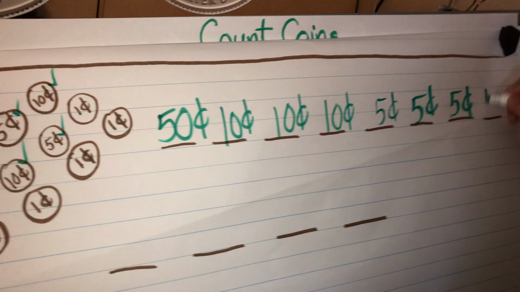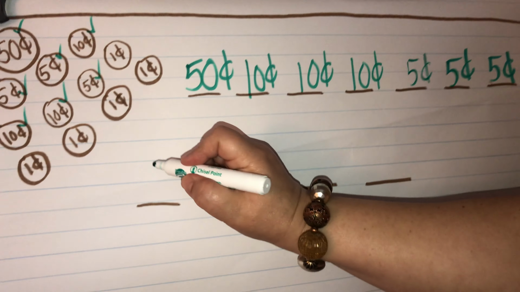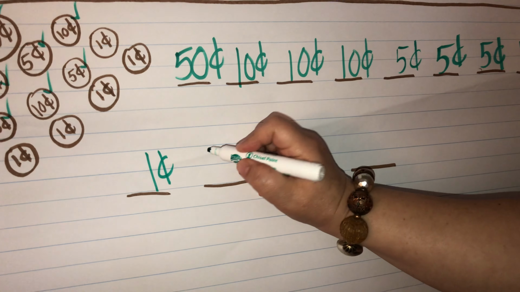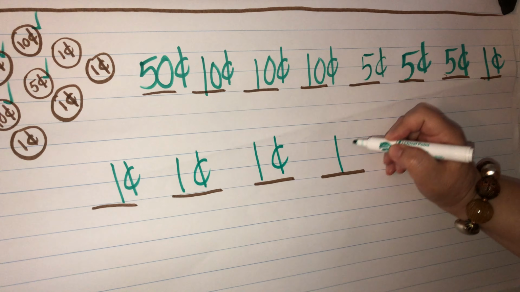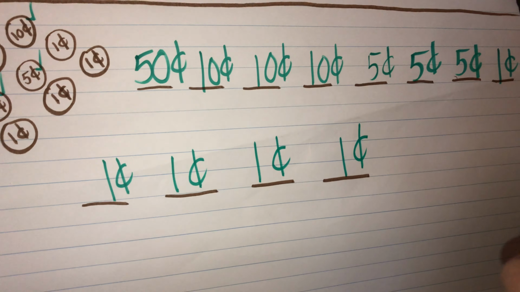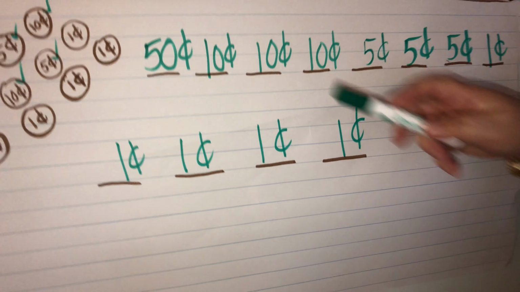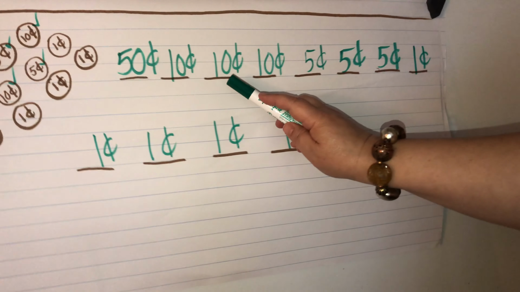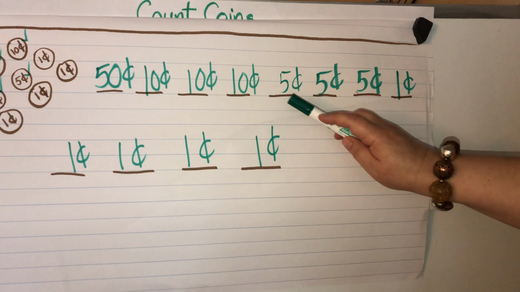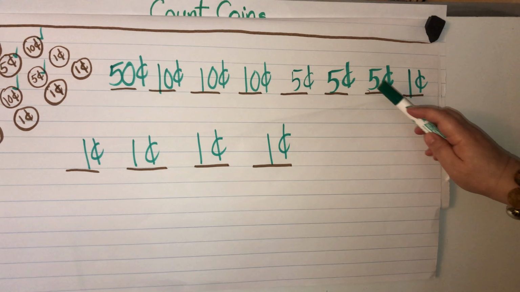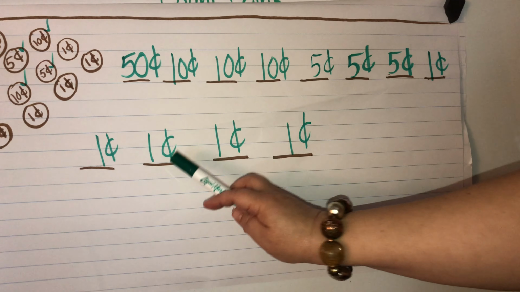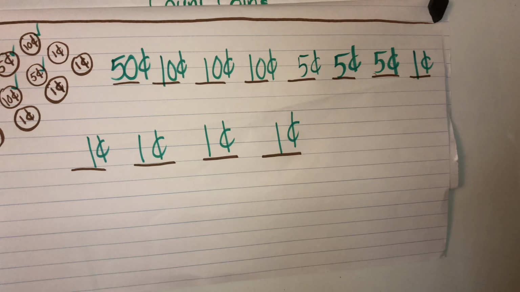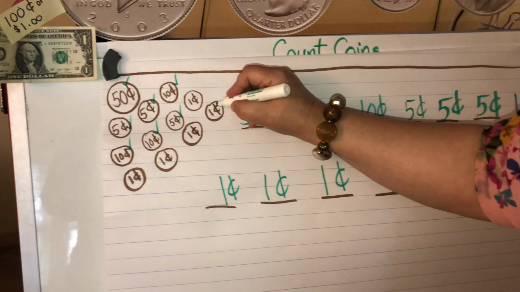So yes, I didn't miss anything. 5 pennies. So half dollar, a dime, a dime, a dime, a nickel, another nickel, a penny, a penny, a penny, a penny, and a final penny.